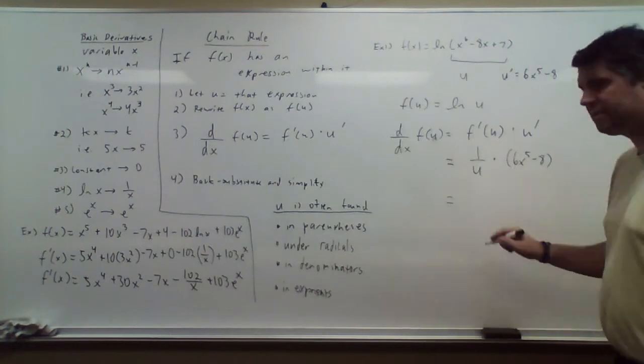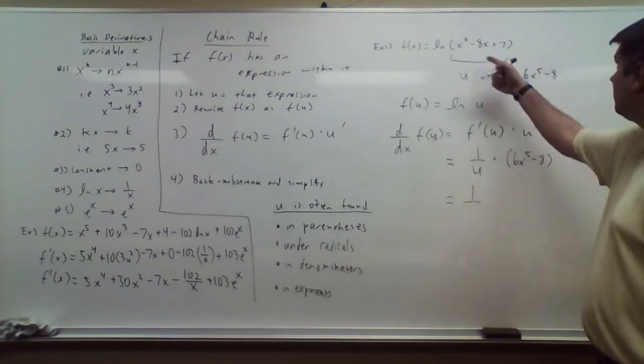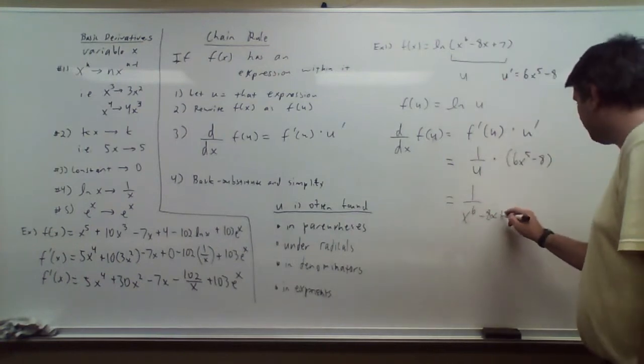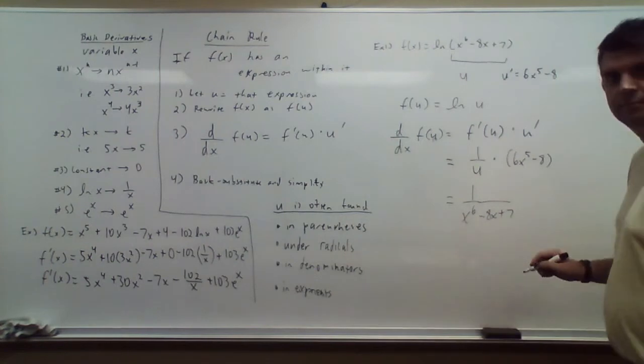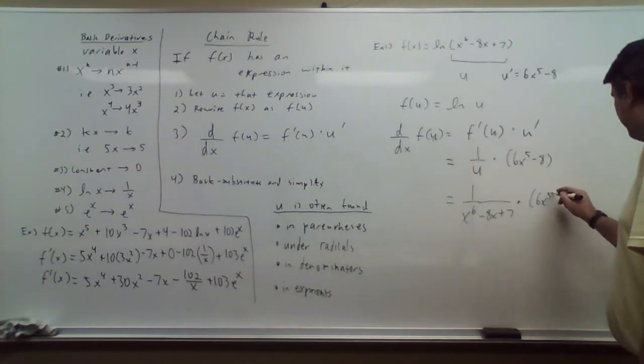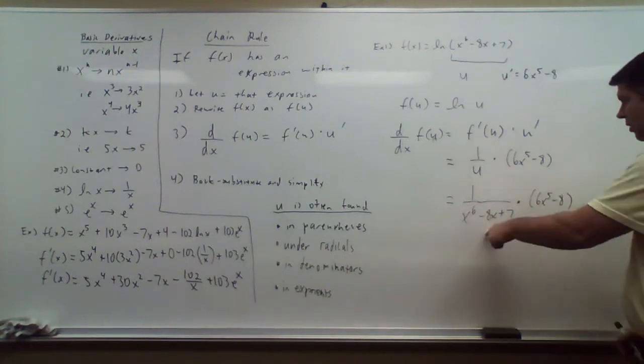I will now back substitute. 1 over u is 1 over x to the sixth minus 8x plus 7, times 6x to the fifth minus 8. I'm going to take this times 1 and put it over that.